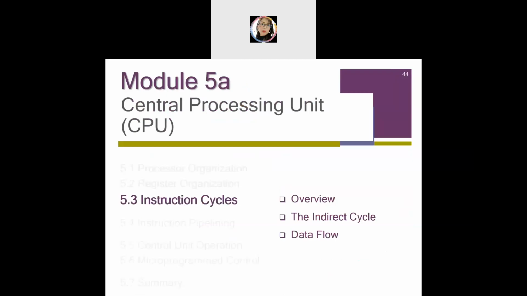So you have finished the register organization. Now let's take a look into instruction cycles. So you're going to see the background first on the overview, and then you're going to go directly to the indirect cycle information, and last on the data flow.